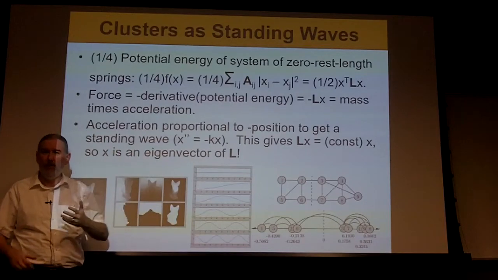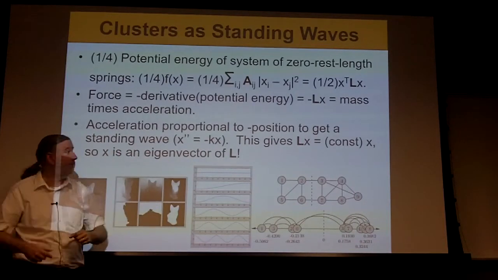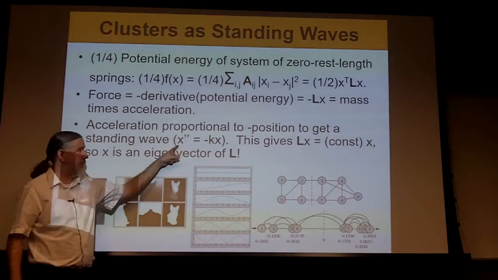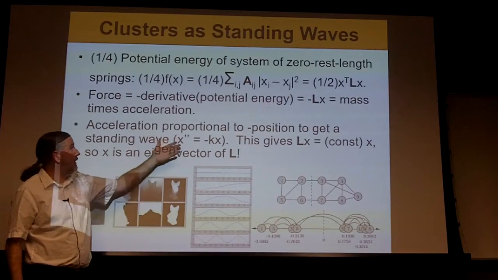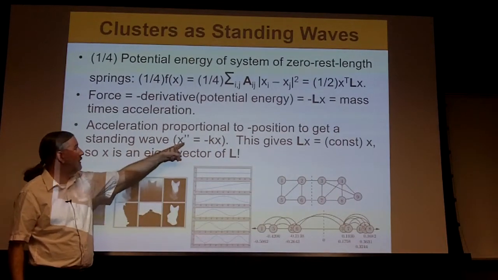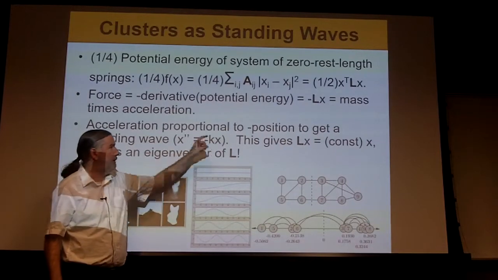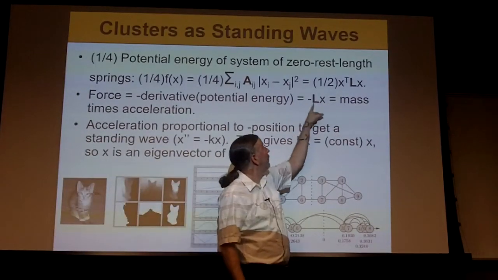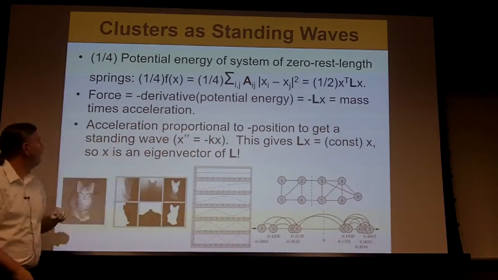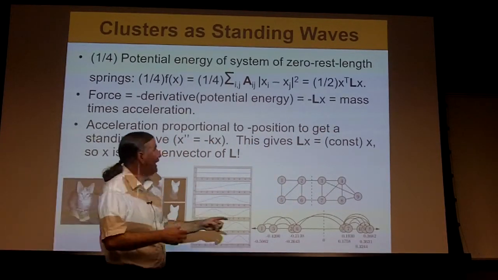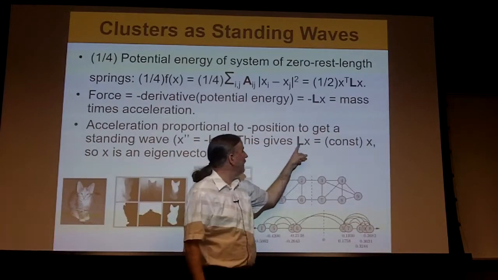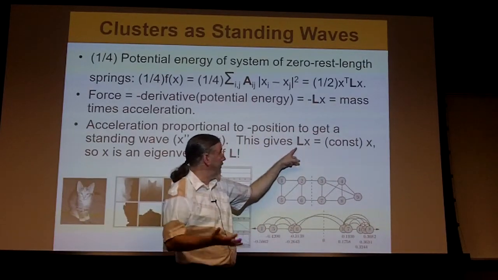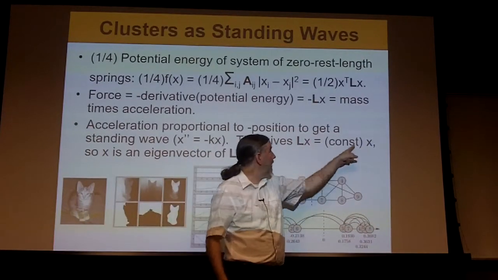So if you want to have any sort of standing wave or oscillatory behavior in a system, the system has to have this sort of property to it. And so if we write that for our system, we need acceleration equal to negative constant times position. What's your acceleration? Well, this is force, and force is mass times acceleration, thanks to Newton. So if we equate that with a constant times x, we see that our equation here, which should look very familiar, is the equation that defines an eigenvector.